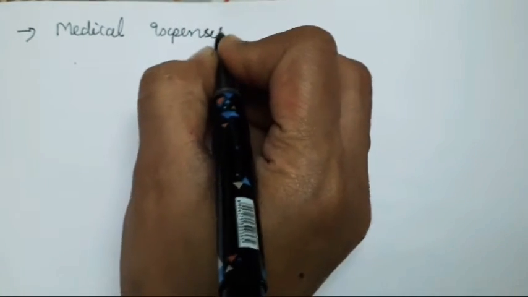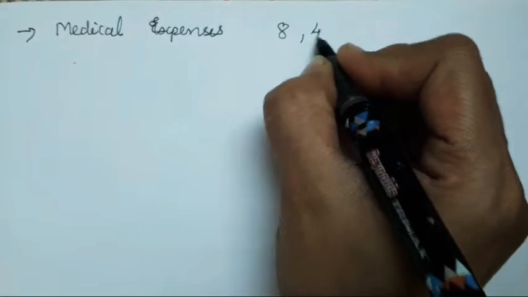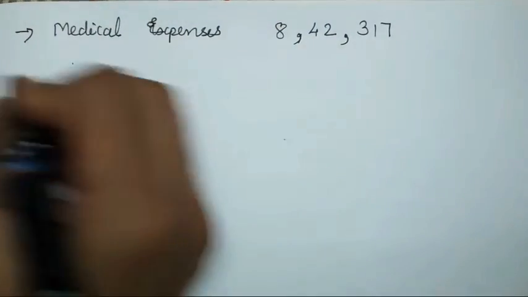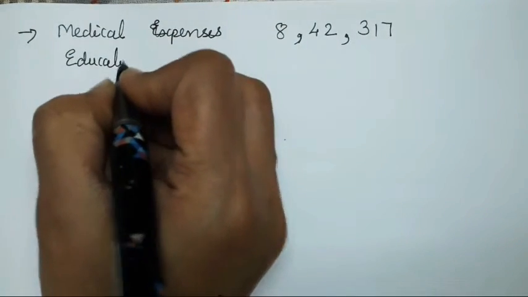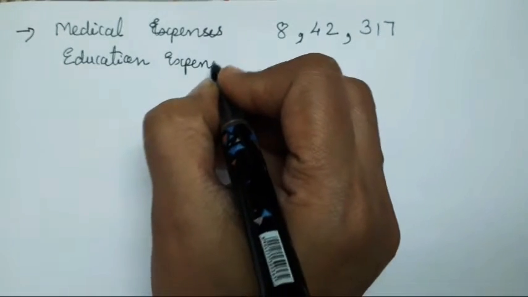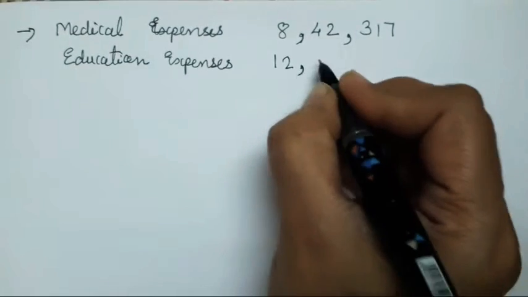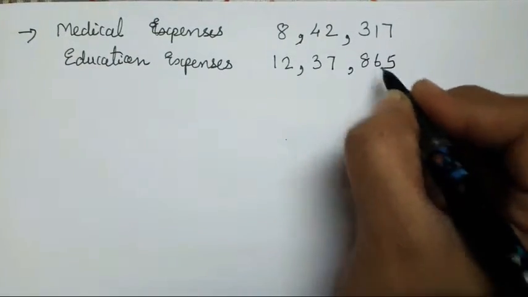Same way you all have to solve, children, so that it will be clear for you all to understand. 8,42,317, and then education expenses is going to be 12,37,865.